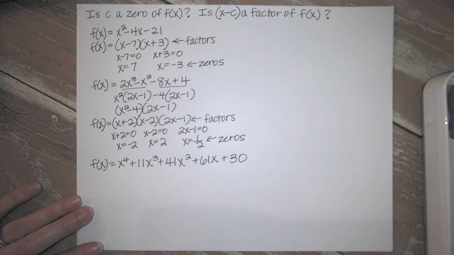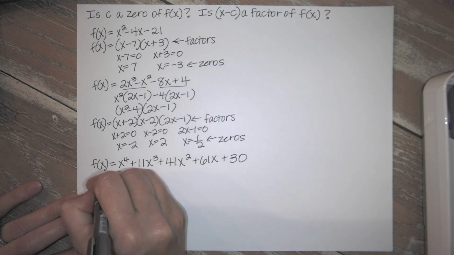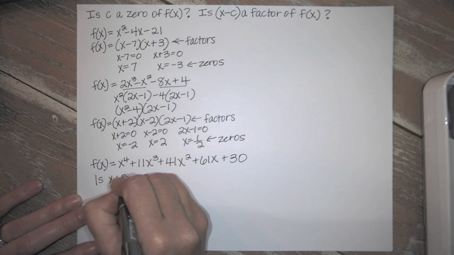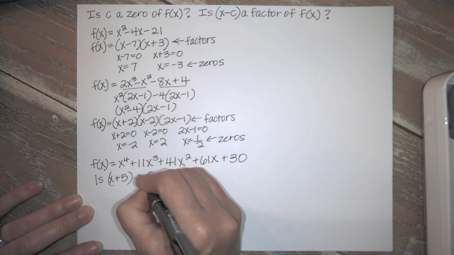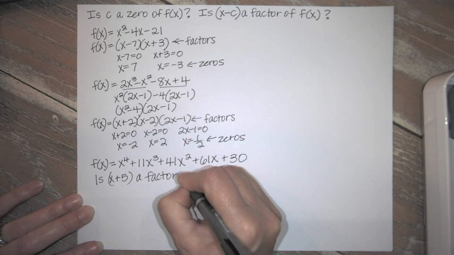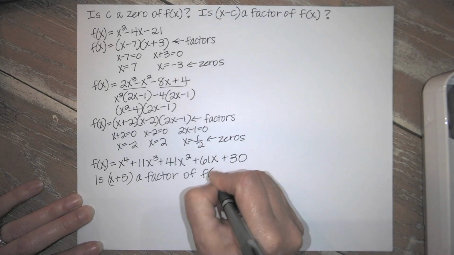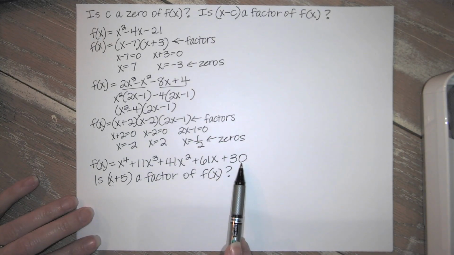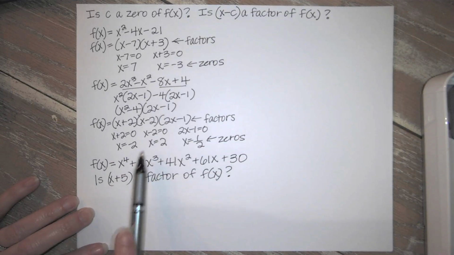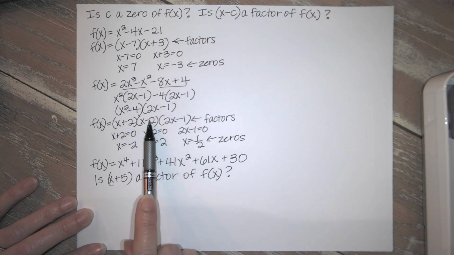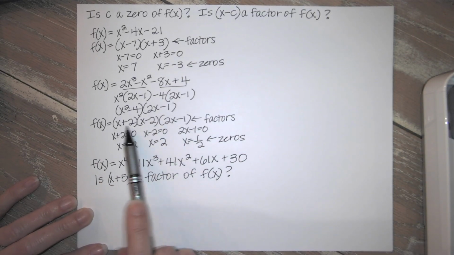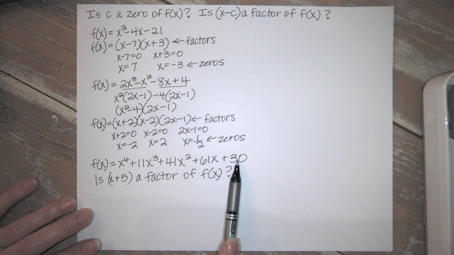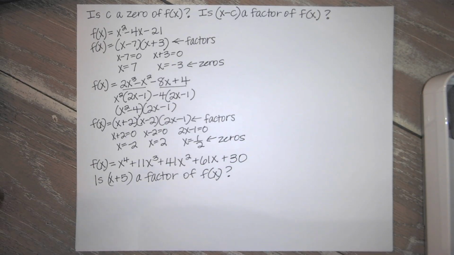So we're going to start with the question, is x plus 5 a factor of this polynomial f of x? Well, if we were able to factor it and break it down and get it into factored form, we could just examine the factors and see if x plus 5 is one of them. But since we don't know how to factor this, we're going to have to go a different route.